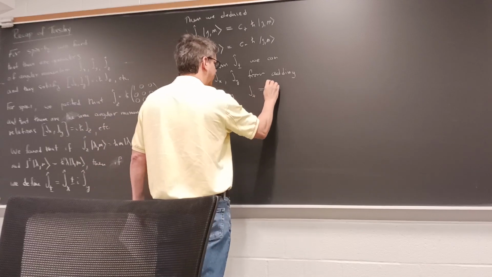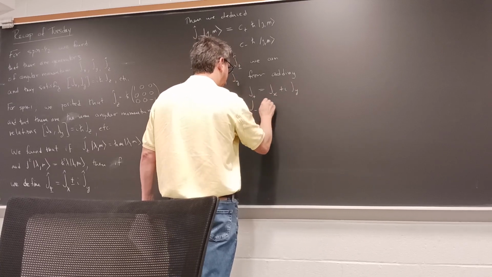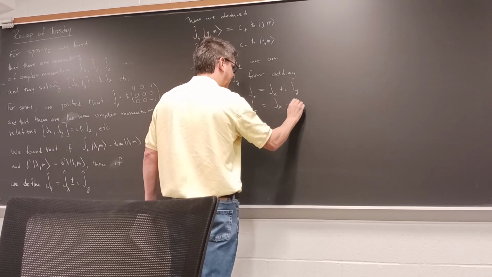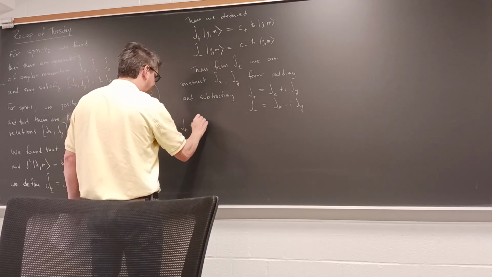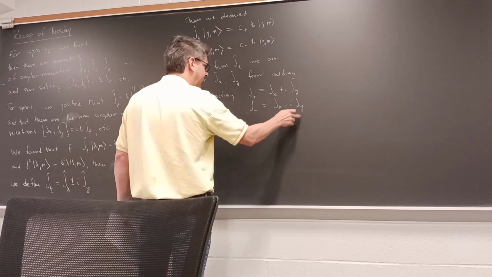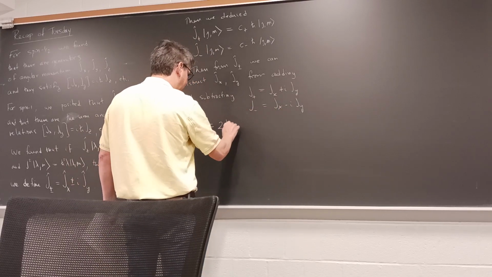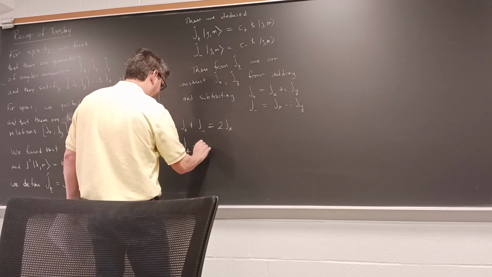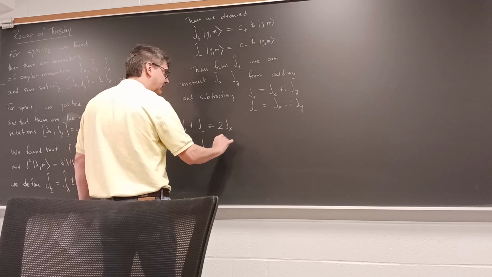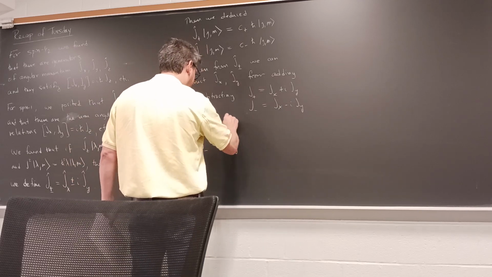J plus is equal to Jx plus i Jy, and J minus is Jx minus i Jy. So if I add these, the Jy's will go away, and we'll get 2 Jx, and then J plus minus J minus would give us 2i Jy.